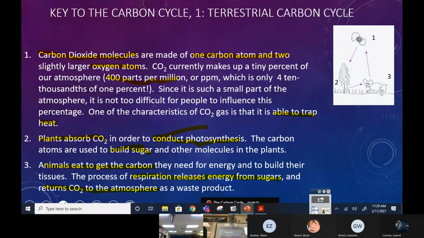And so this by itself is the carbon cycle. You see, we started in the atmosphere, we moved through the biosphere, and we returned to the atmosphere.